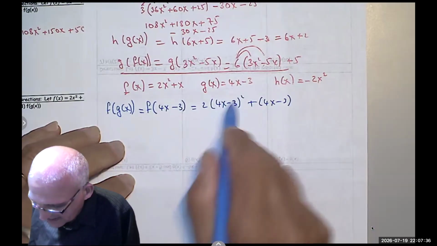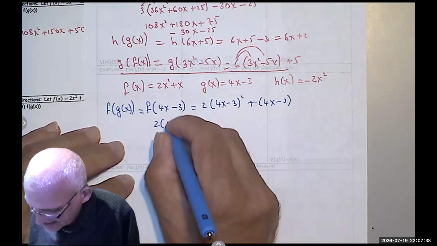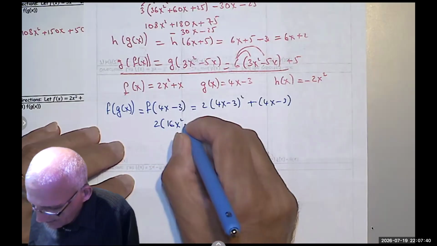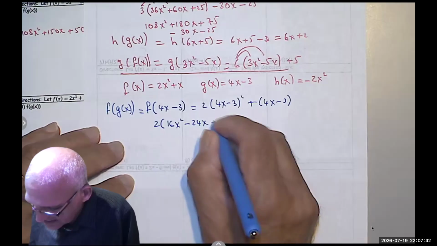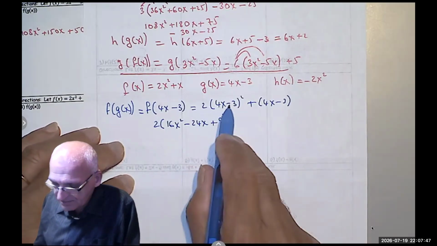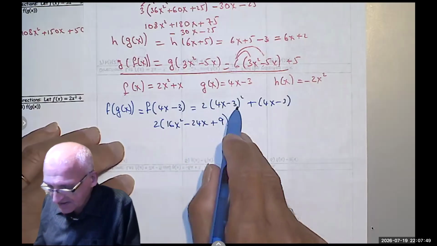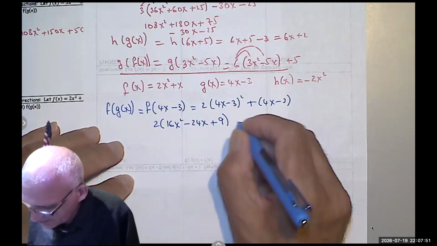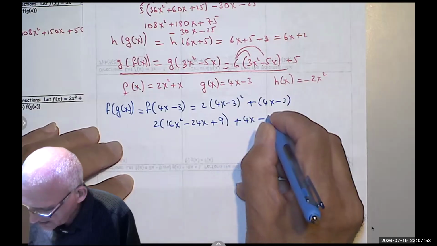I'm going to expand that, so I get 16x squared minus 24x plus 9. Square of the first minus twice the first times the second plus the second square, plus 4x minus 3.